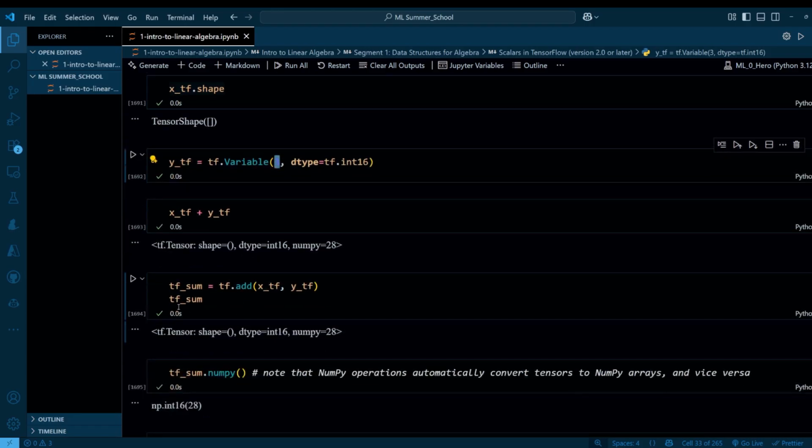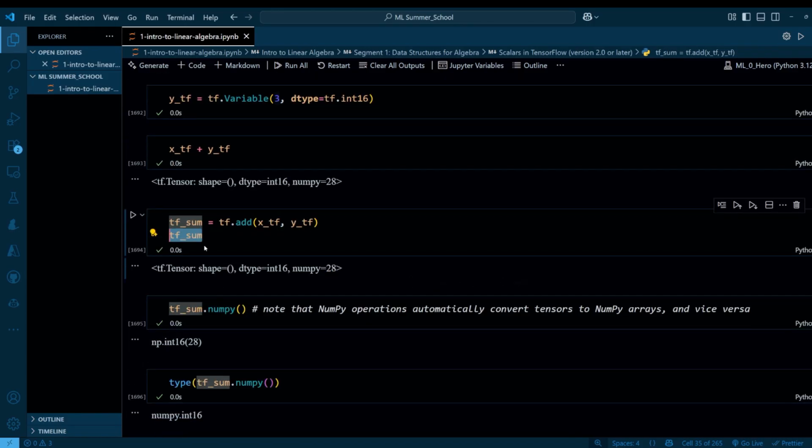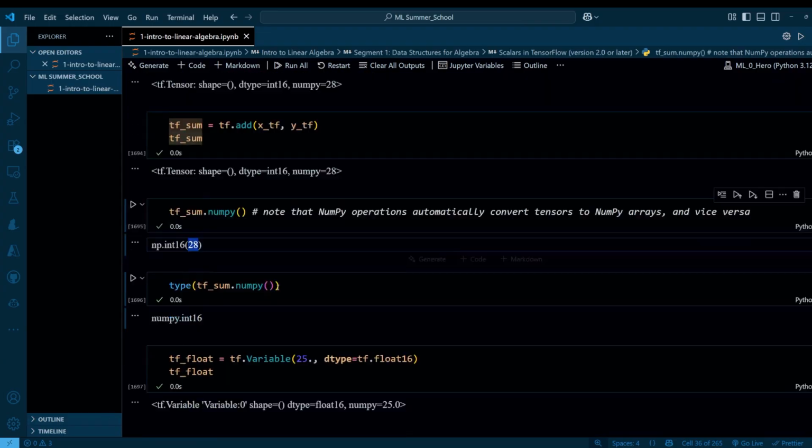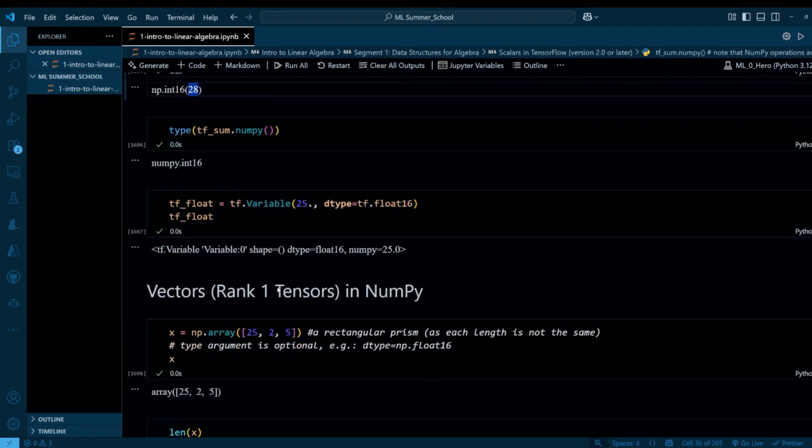So when we add this up, tf_sum should be 28, right? So you can see the value is 28. Again, we can specifically find out the NumPy value by using tf_sum.numpy(), and we can easily see the value is 28 and it says np.int16. That means 28 is an integer and NumPy is used and so on. Okay, great, nothing much more to know.